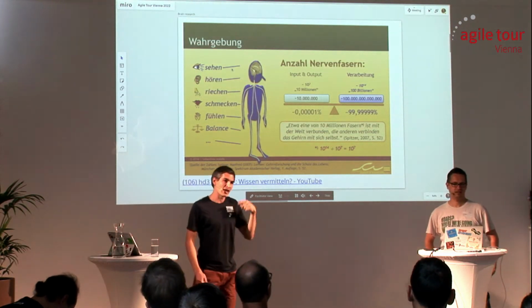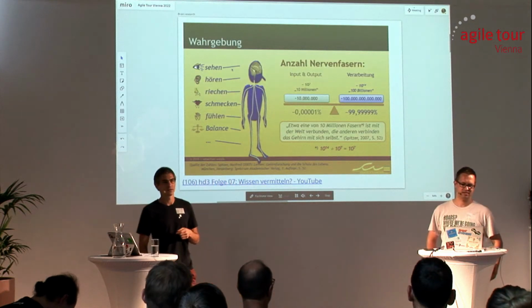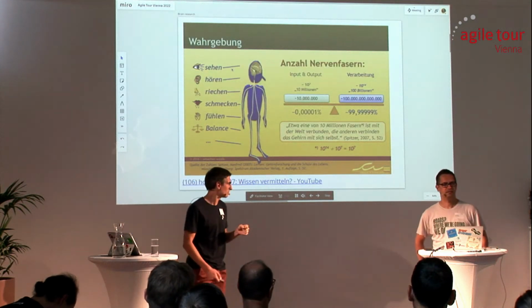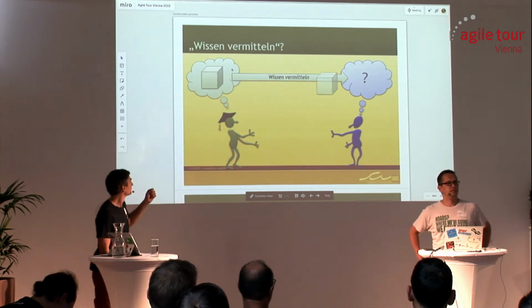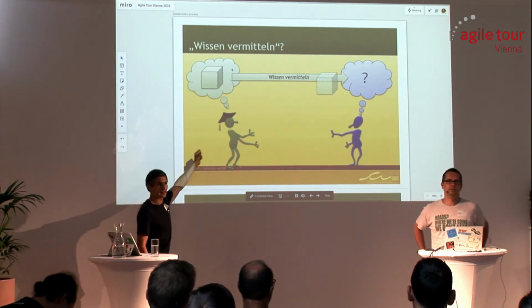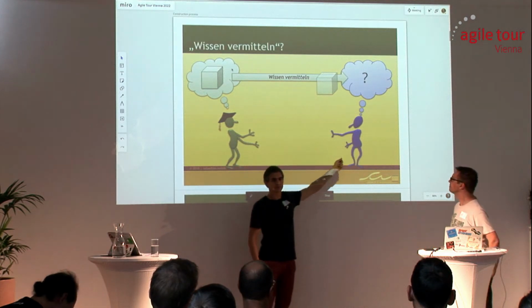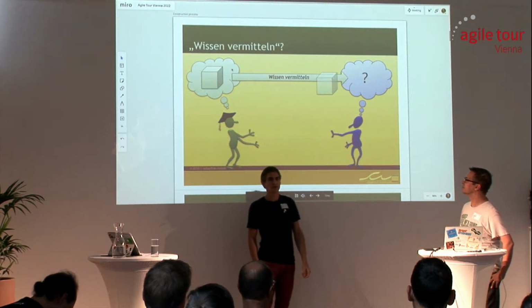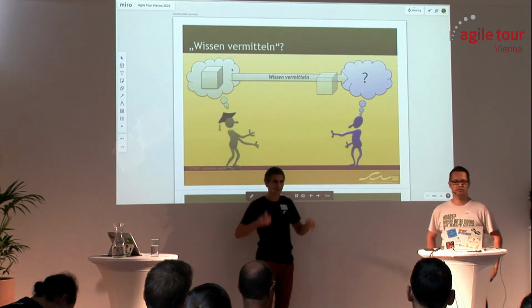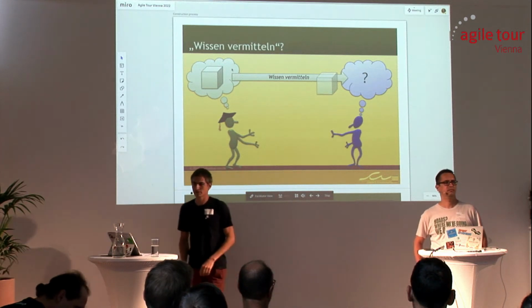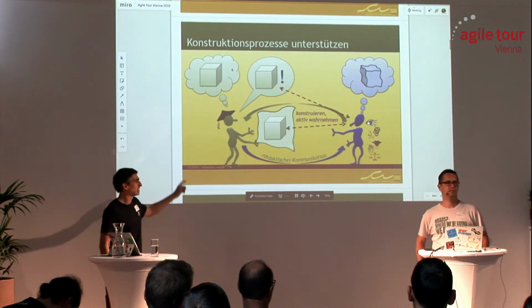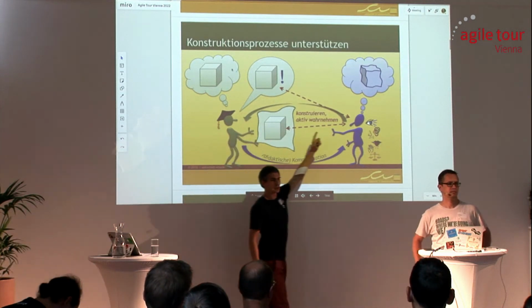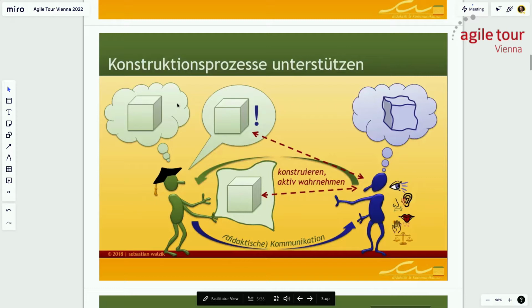If we recapitulate how we are working today, or how we have worked in the past, this is the typical situation. Somebody is telling us what to do. 0.01% of our nerves. Okay, we have to do something. What we want instead is to tell somebody what we want to achieve, and force the other to ask questions.